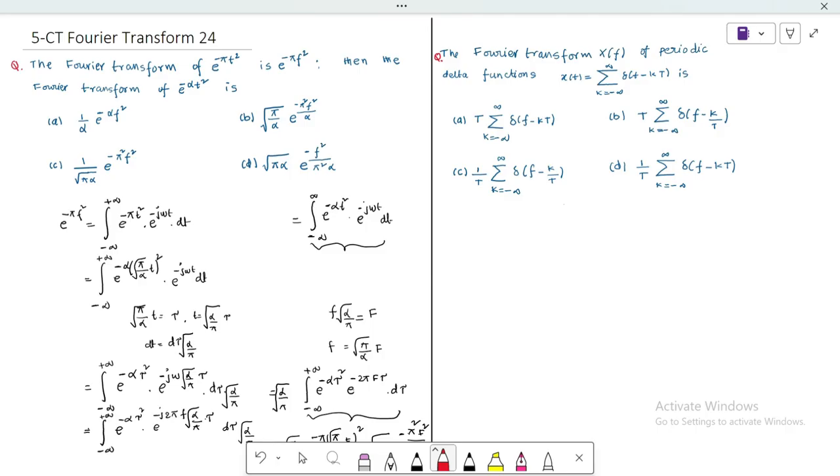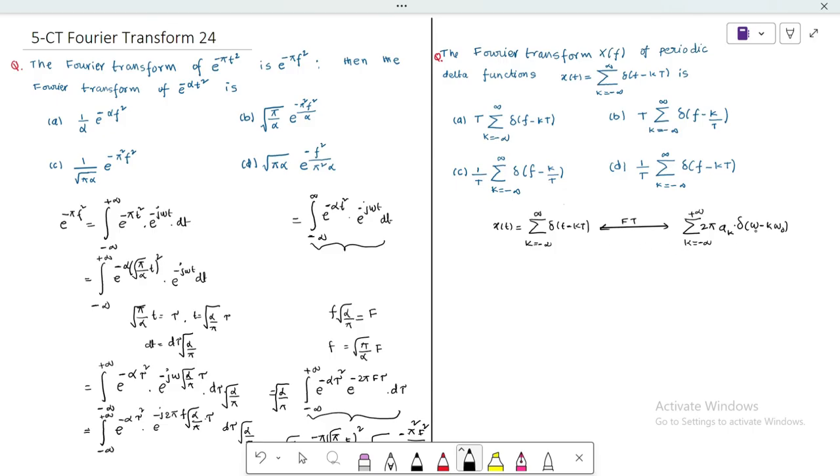So we know that for a linear, angular frequency, for example, x of t equal to sigma k equal to minus infinity to plus infinity, delta of t minus k T. Its Fourier transform in angular frequency equals 2 pi into a_k into delta of omega minus k omega naught, k from minus infinity to plus infinity.